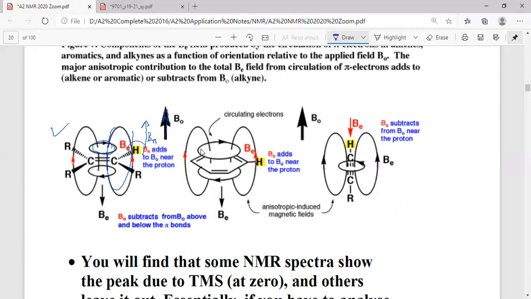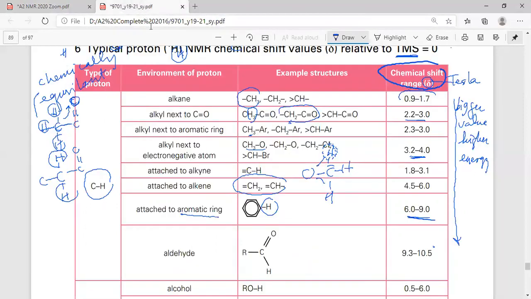So the hydrogen here will feel an effective field equal to the external field plus the field created by the pi electron cloud. That means addition. That means split more. So it's a high value here. The hydrogen here will have an absorption of 1.8 to 3.1, pretty high.